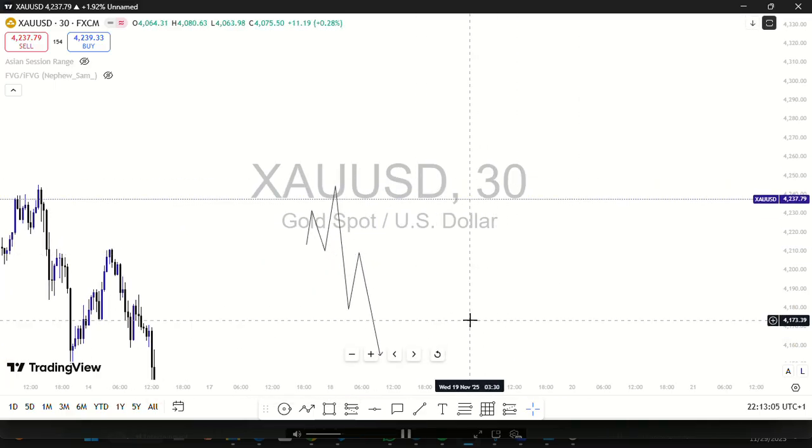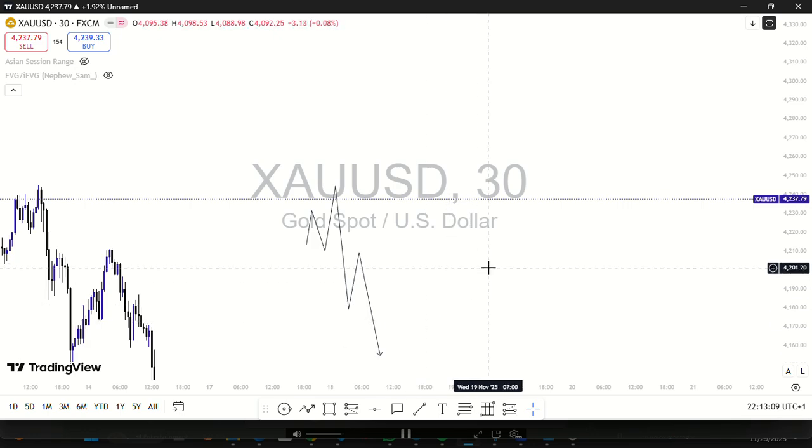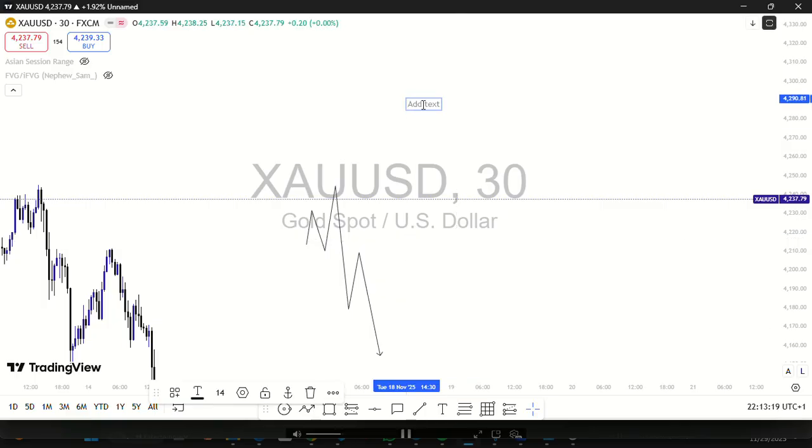What I mean by that is resistance turned support, and support turned resistance. Let me just type that out so you guys can see it.